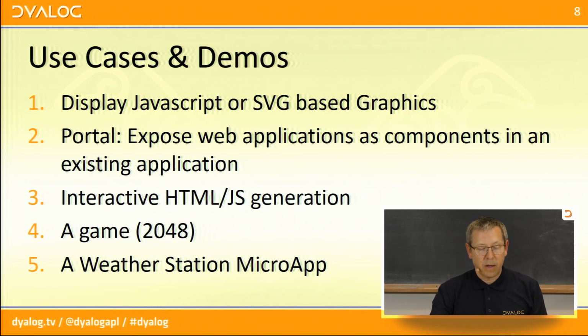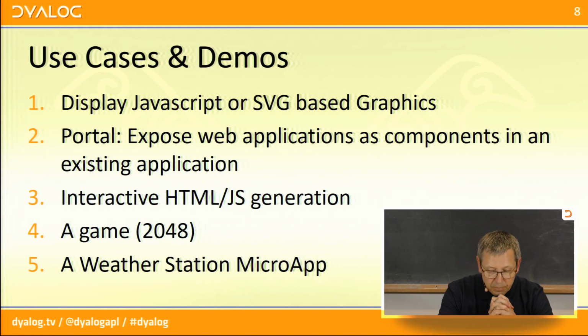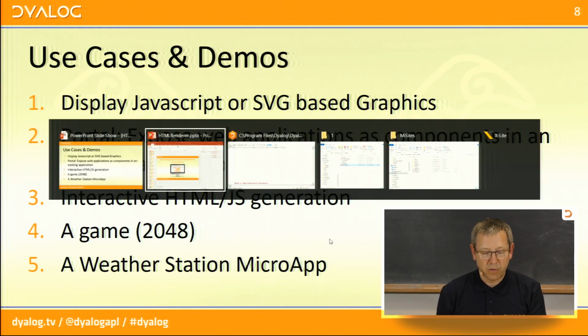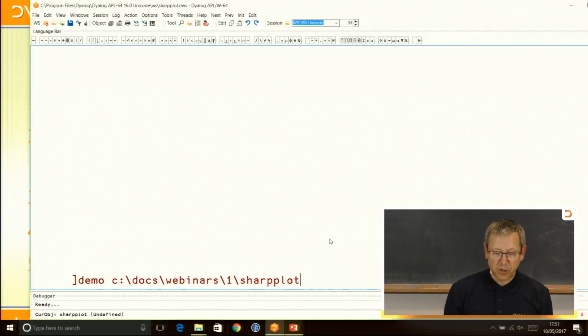So I've prepared a number of demos to show different use cases of this technology, show you what you might use it for, and then we'll see if that generates any discussion. So one of the things that I think some people might want to use it for immediately is we have a graphics package called SharpPlot, which is now available, will run on the Mac and on Linux as well as Windows.